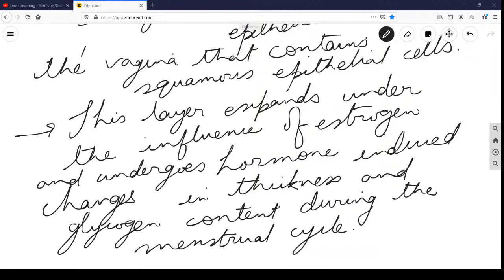Now, underlying the epithelium in the tunica mucosa is a layer of dense connective tissue that is rich in elastic fibers.